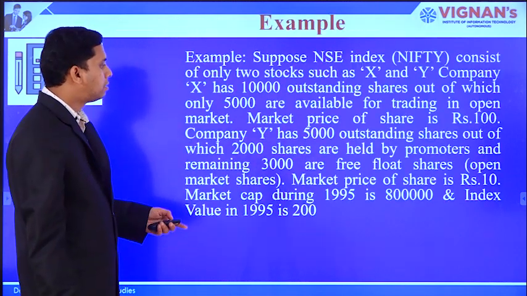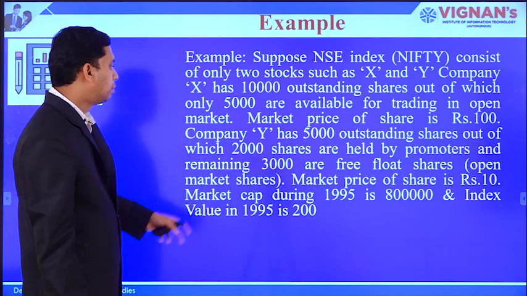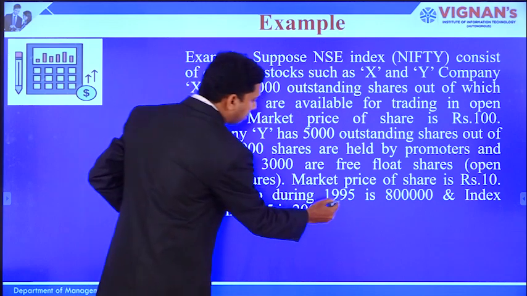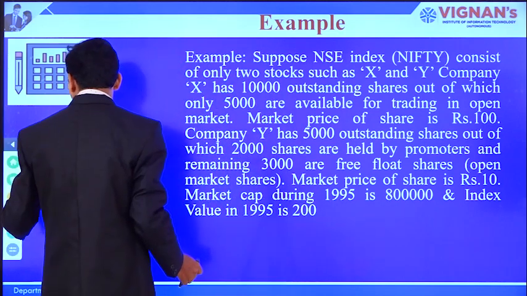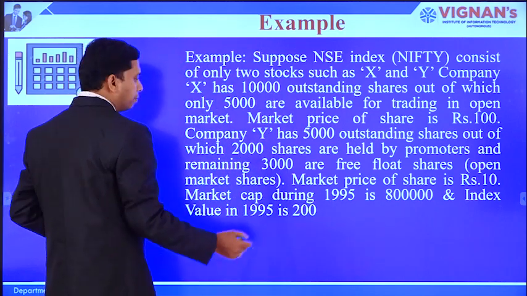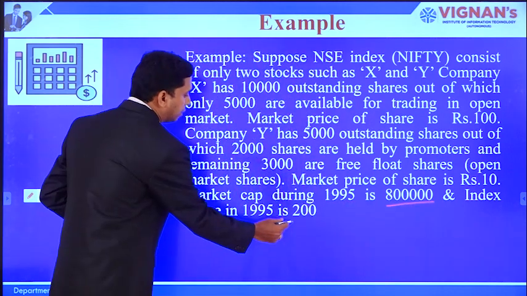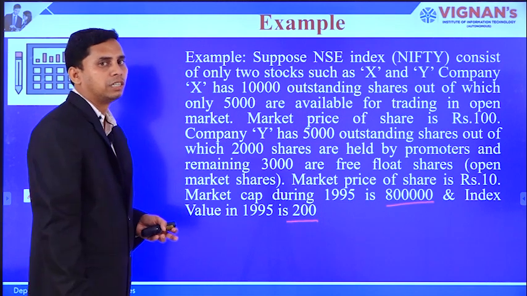By applying the same example, the market capitalization during 1995 is a standard value, which must be taken as a standard one, which is 8 lakhs, and index value in 1995 is 200, to be considered for calculation.